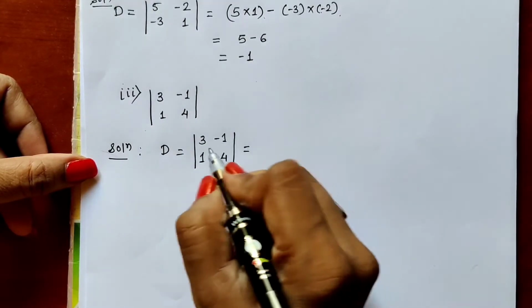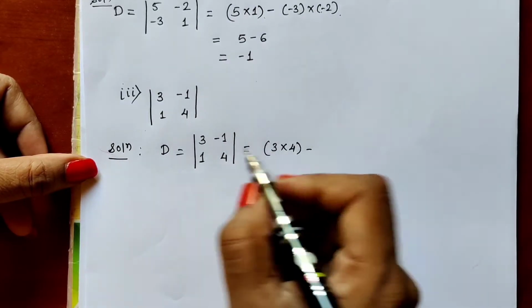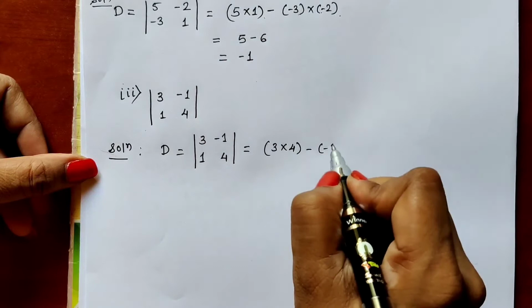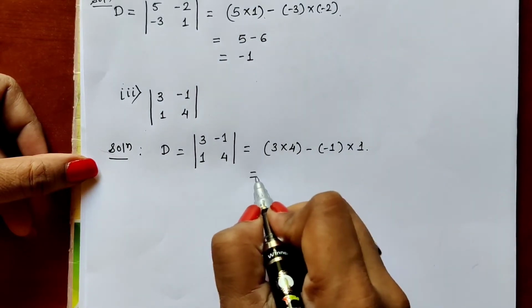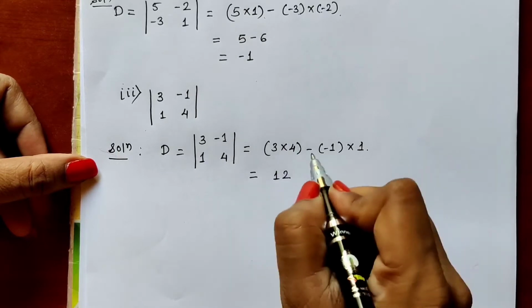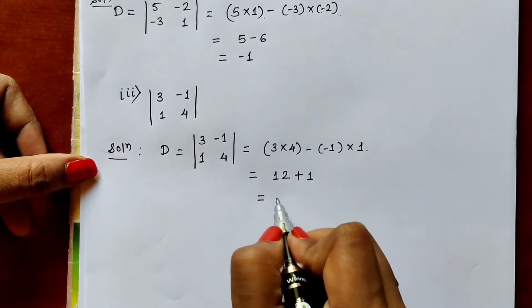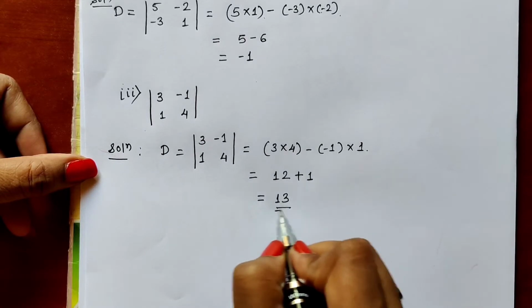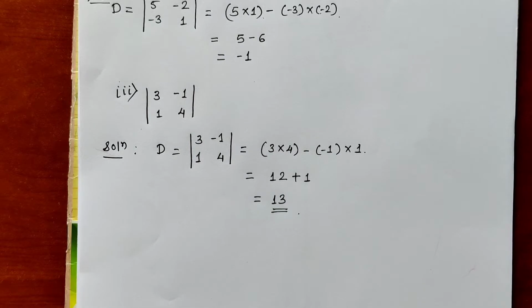Cross multiply 3 into 4 minus this minus 1 into plus 1. So 3 4s are 12, we all know. Minus minus will become plus, 1 1s are 1. So 12 plus 1, 13. So in this way you all can solve this question number 4. Now let us go on question number 5.